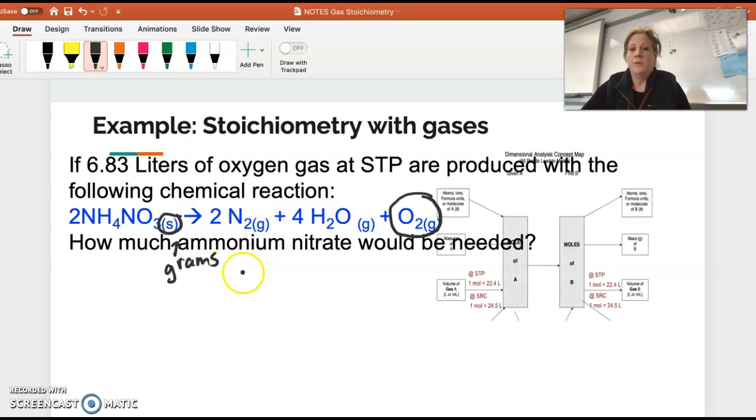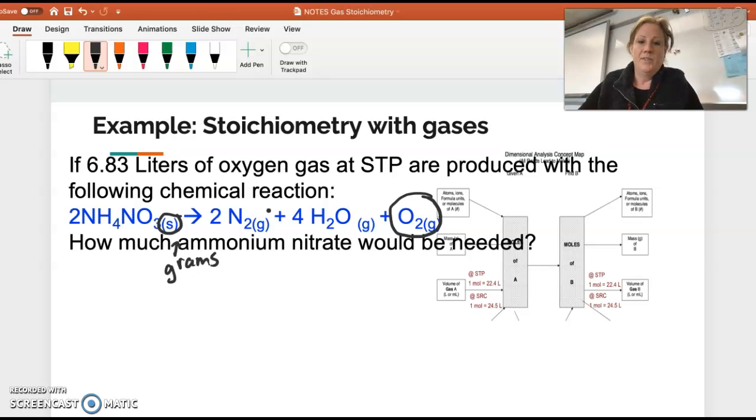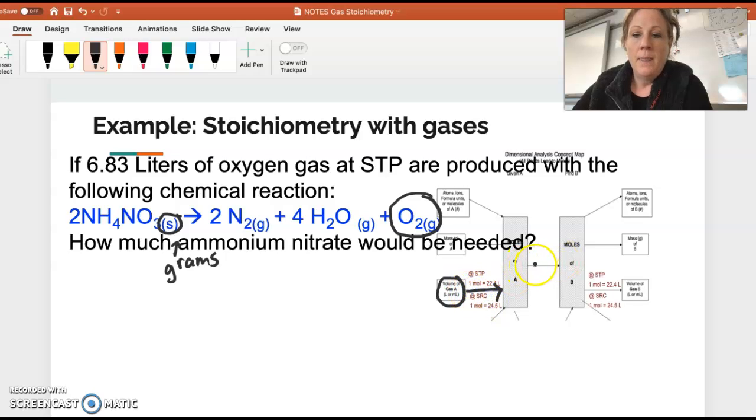That would be a reasonable thing that I could go in the lab and measure out. So we're starting here at liters of oxygen, and then we're going to want to convert to moles of oxygen. Then we're going to convert using the mole-mole ratio to the moles of ammonium nitrate. And then we'll use molar mass to get to the grams of ammonium nitrate.